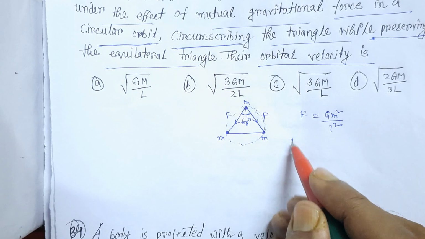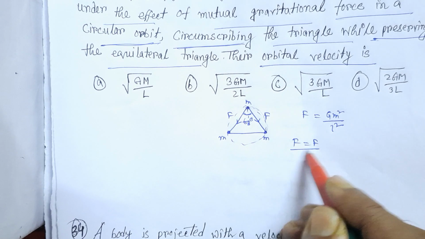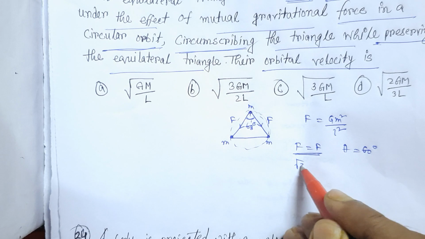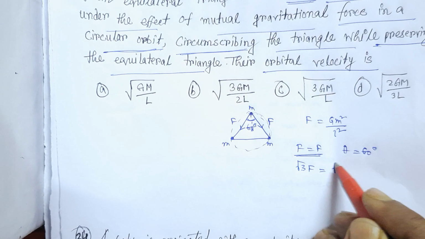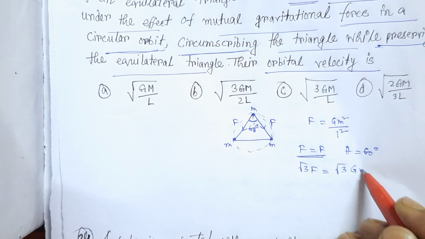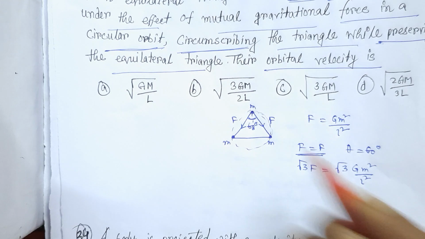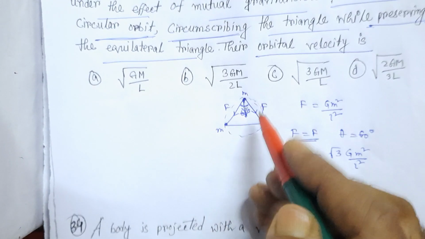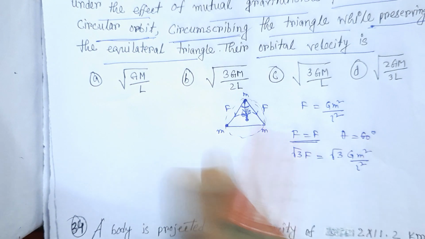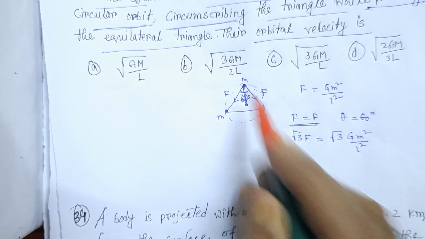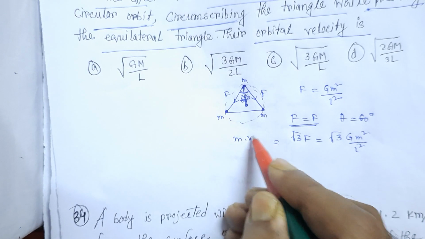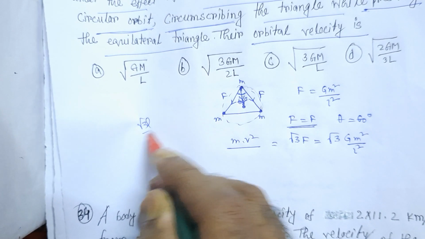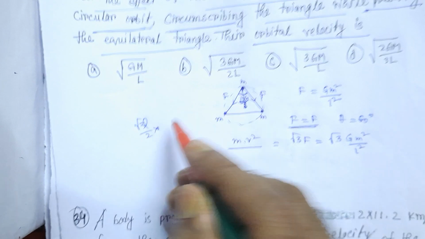When two forces are F and the angle is 60 degrees, we know that the resultant force is root 3 F. That is, the resultant force is root 3 into GM square by L square, and it is actually giving the centripetal force of the mass, m v square by r. What is r? Height is root 3 L by 2, and it is 2/3 of that.